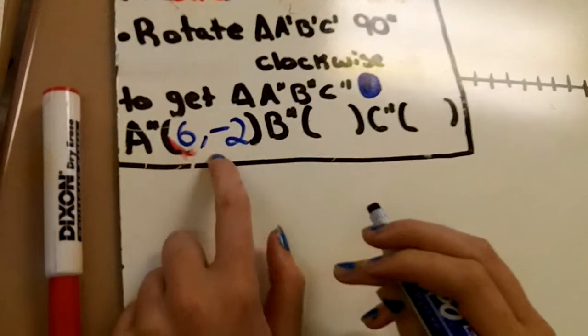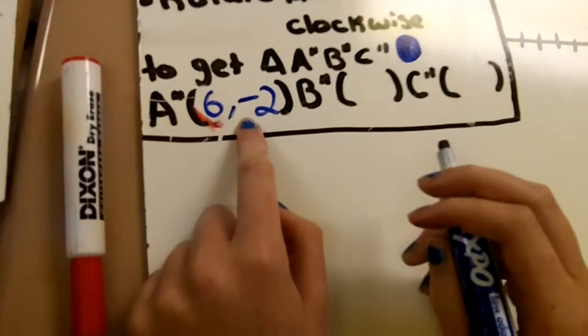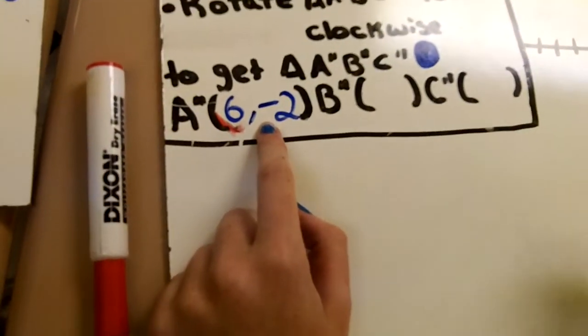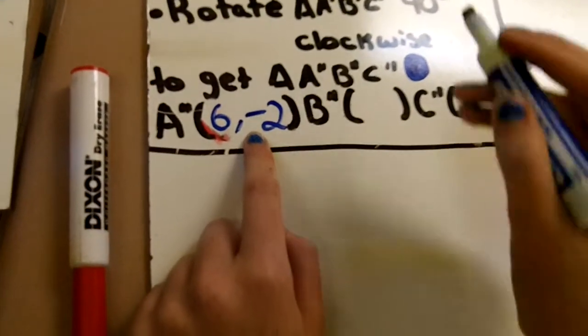Now what we can do with this is we can figure out the algebraic rule so we don't have to keep turning our paper.